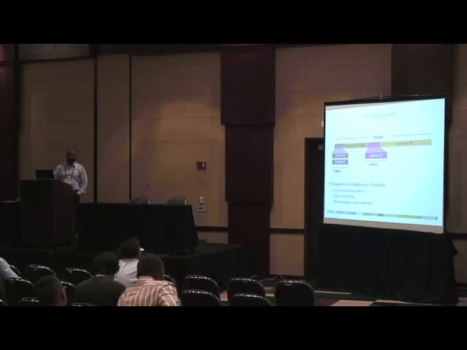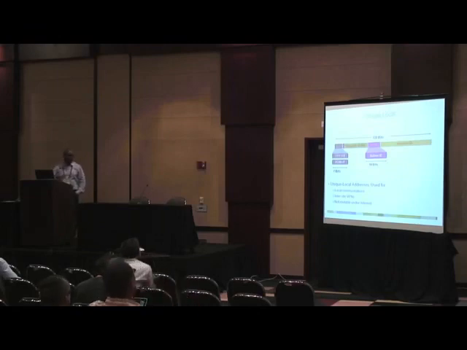Then you have a subnet ID portion available, which is 16 bits long, for identifying different networks within your enterprise, right? And then finally, the interface ID, which is 64 bits, represents the host portion.